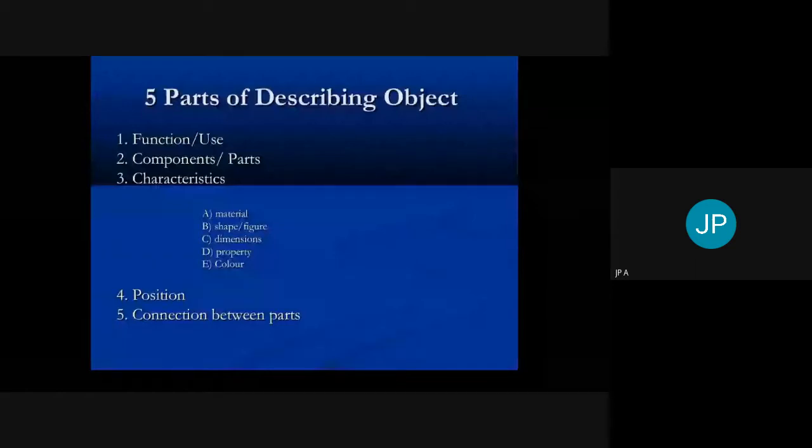For example, when I talk about the ceiling fan, I say that all the leaves are connected to the central motor. All the leaves are diametrically connected to the central motor. So that is how they are connected. So the connection between the parts is also a thing which we describe.